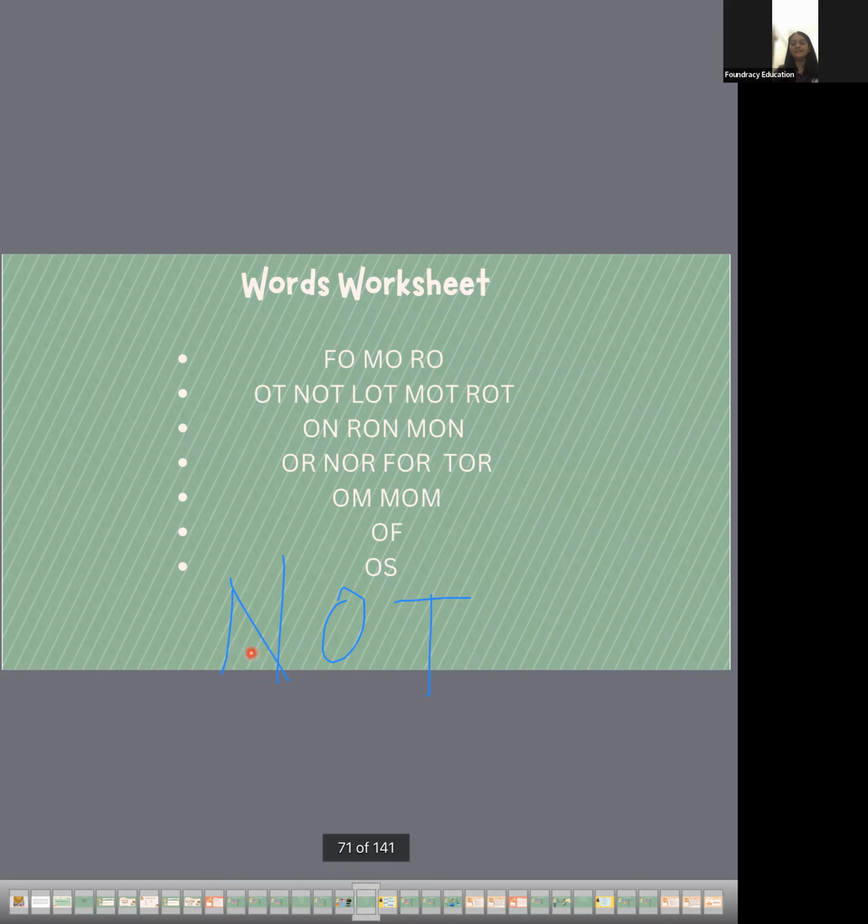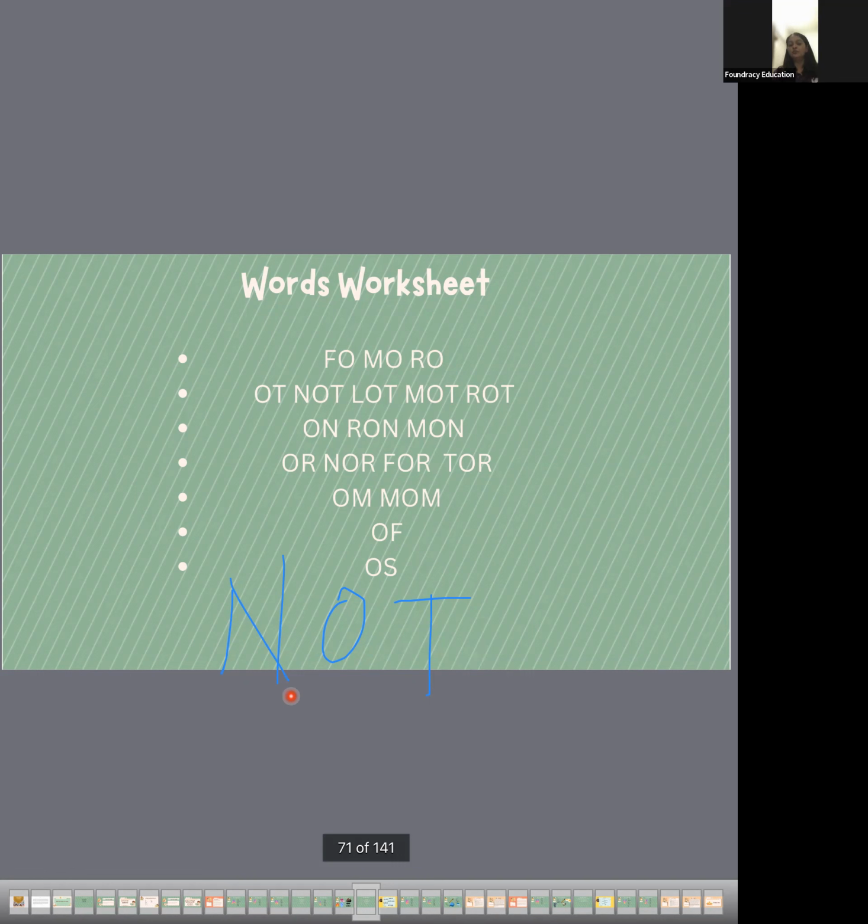Let them blend N and O until they are in a position that even if you remove the pointer, they can identify and say it as no. You keep moving your pointer from N to O. So no. Now remove the pointer. Are the kids able to say no without your pointer? If the answer is yes, just point to T. Again, point somewhere in the middle. No, T.